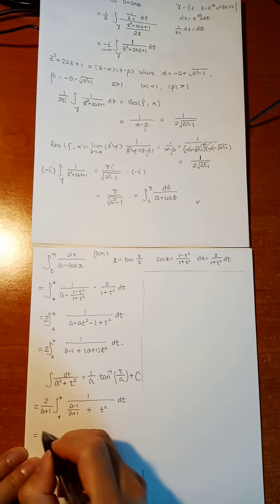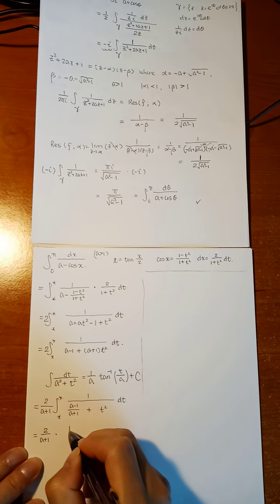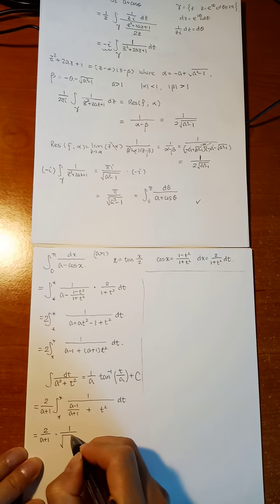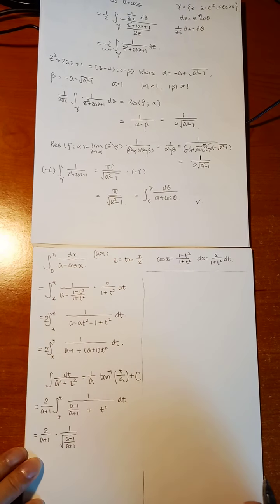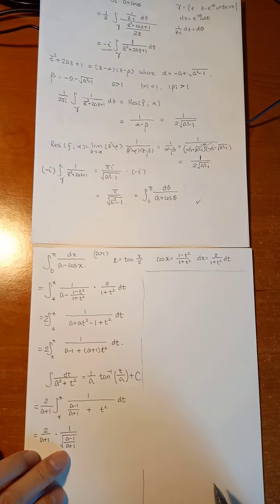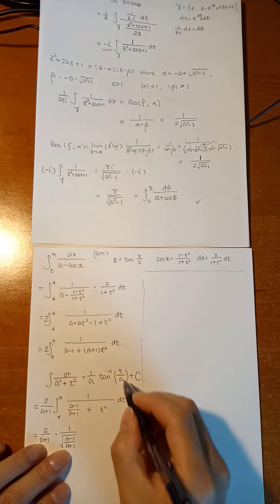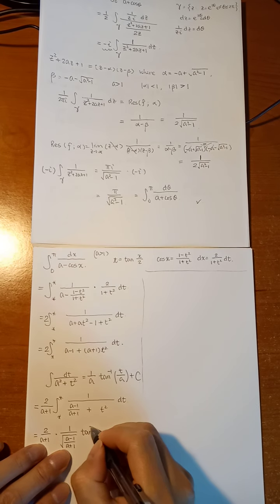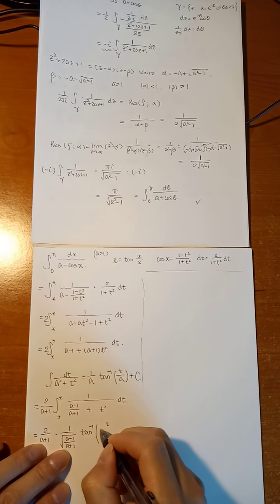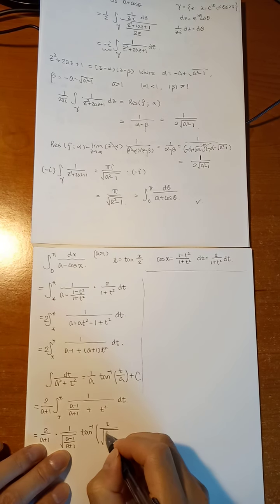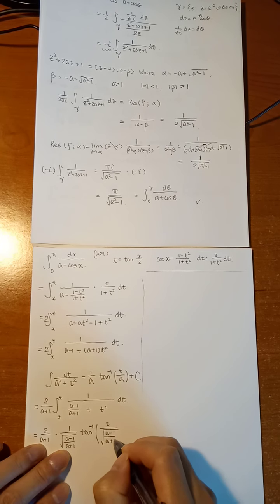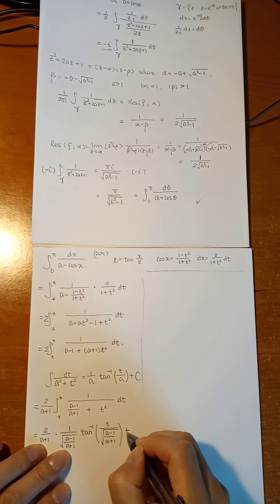Then it is 2 over a plus 1, by the formula, times 1 over the square root of a minus 1 over a plus 1, and then tangent inverse of t over the square root of a minus 1 over a plus 1, and plus c.